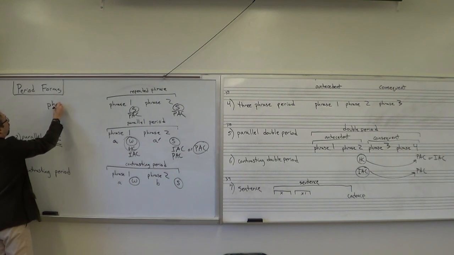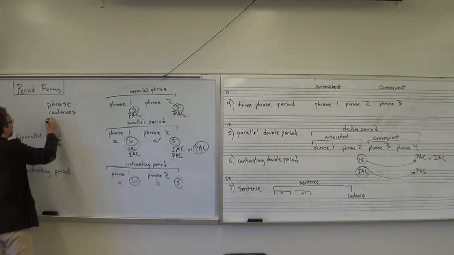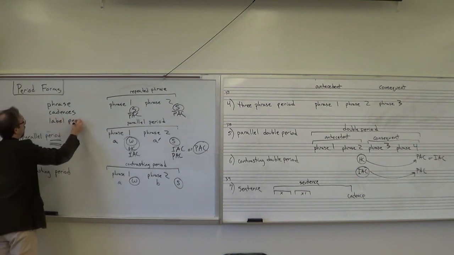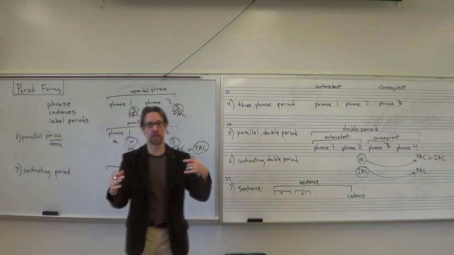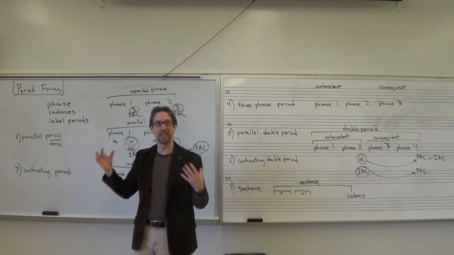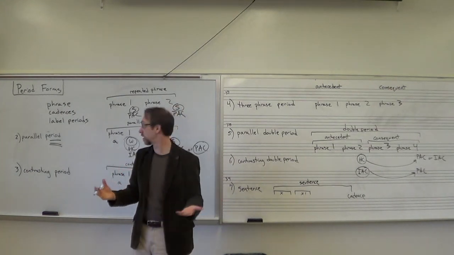You'll be asked to mark phrases, identify cadences, and label periods. And you have to do that all by looking at the music and looking for the types of things that we are talking about now, and knowing what the appropriate label is.